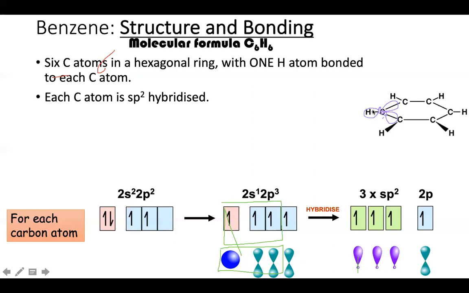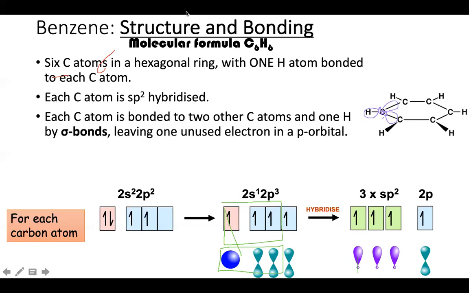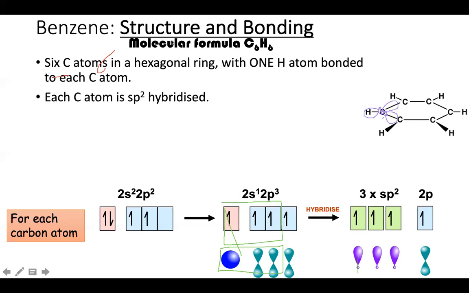The sp2 of the carbon atom overlaps with the s orbital of the hydrogen, which you cannot see here, so I'm just going to draw it. An s orbital is just a circle, a sphere. So that's the s orbital of hydrogen, in maroon, and the sp2 of my carbon atom, one of them. That is a sigma overlap.